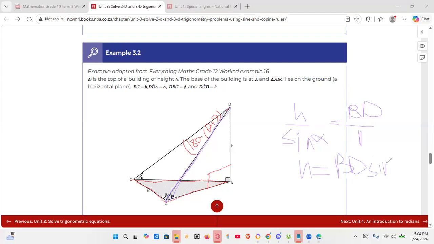That's on the right angle triangle. Then here I have 3 angles and 1 side, but I already had 2 angles and one side. So that means I have to apply the sine rule.